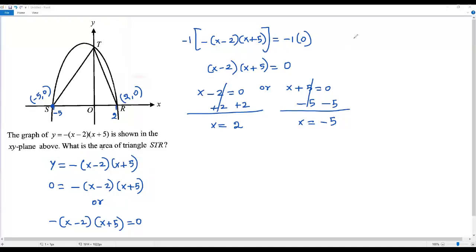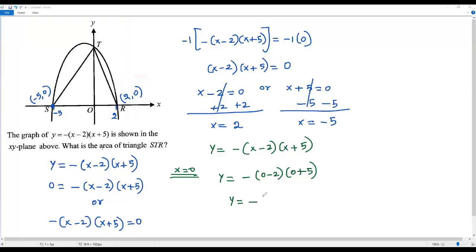The given function is y = -(x - 2)(x + 5). Plugging in x = 0, it will be y = -(0 - 2)(0 + 5). So y = -(-2)(5). Negative times negative becomes positive, 2 times 5 is 10. So the y-intercept is 10. At that point, the y-coordinate is 10. As a point, it will be (0, 10).